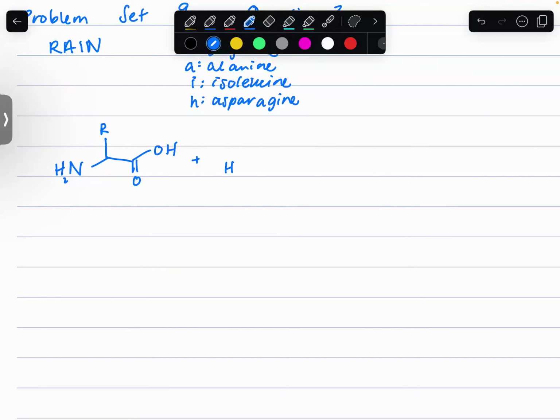So we are going to be hooking 4 of these together. And how we do that is the formation of amide bonds.